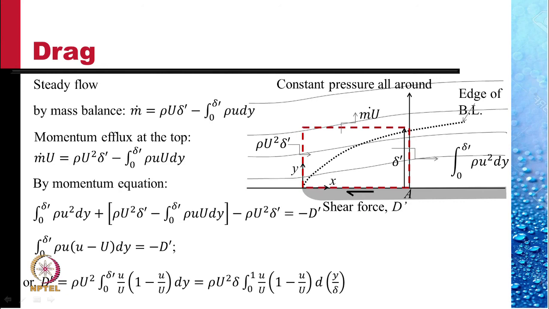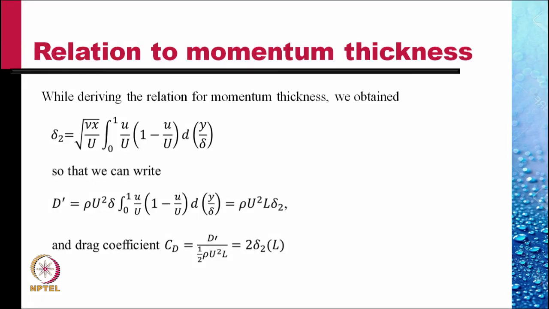You notice this is like momentum thickness. Momentum thickness delta 2 was defined as this, so that we can write D prime, the drag per unit depth of the flow, as rho U square delta 2, where L is the length up to the location where your control volume ends.